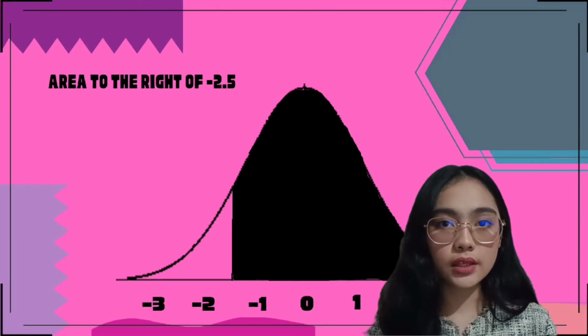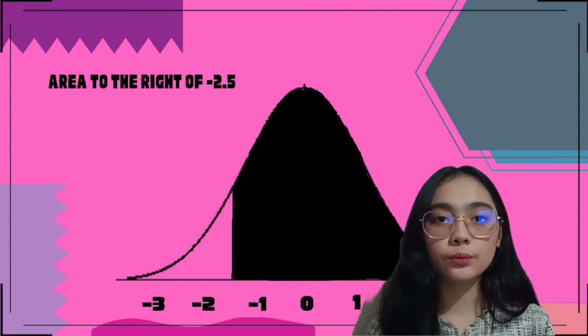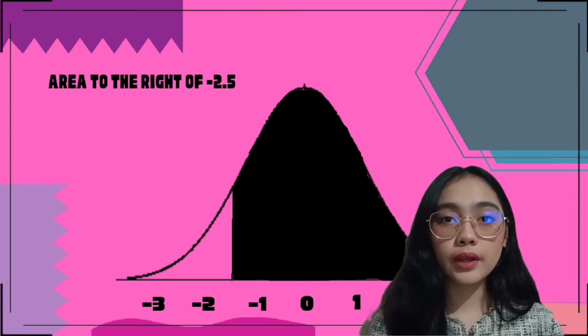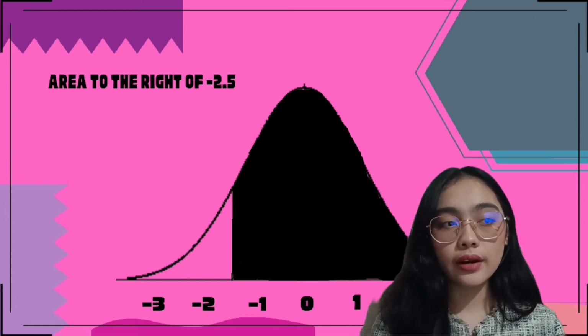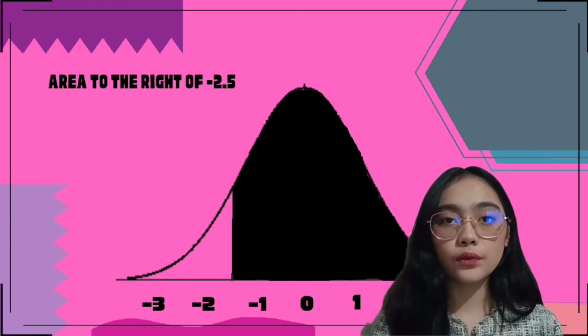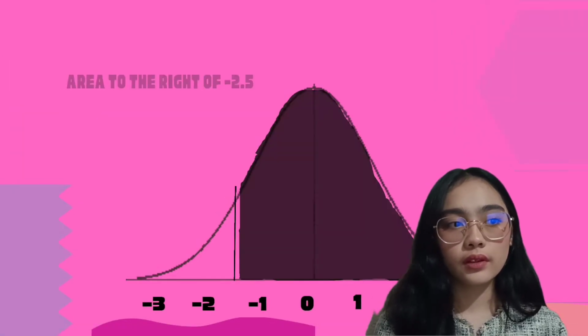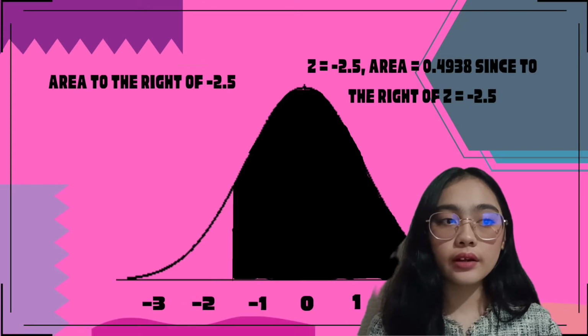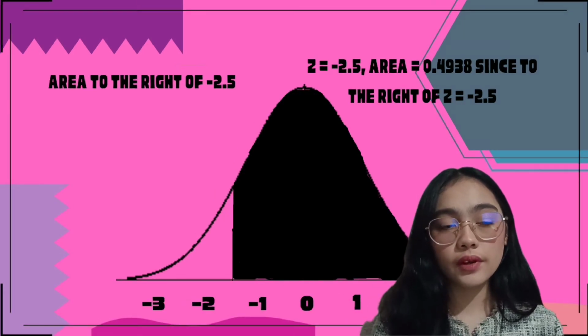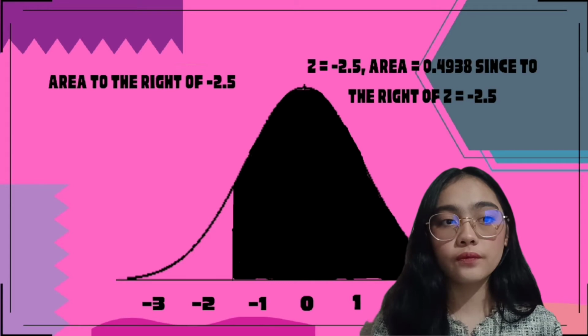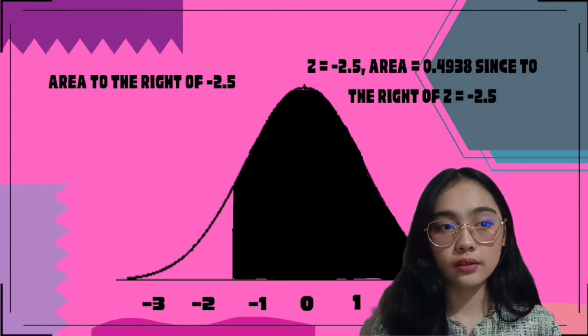Now let us proceed to example number 2. For example number 2, we will determine the area to the right of negative 2.5. If we look for the area of negative 2.5, it is equal to 0.4938.